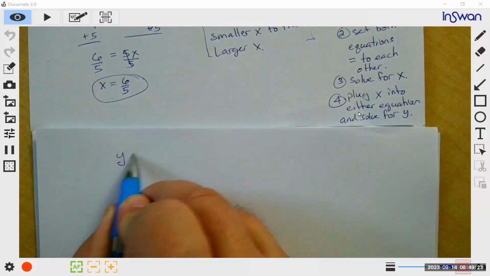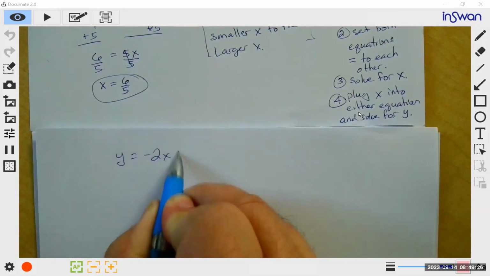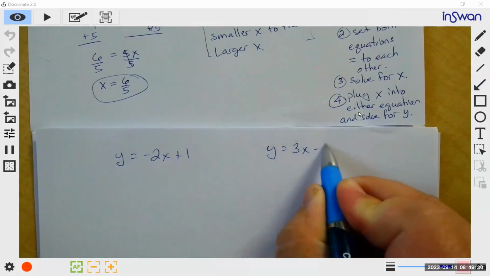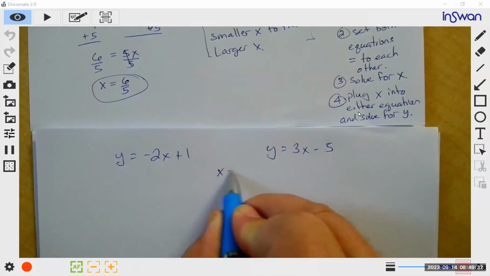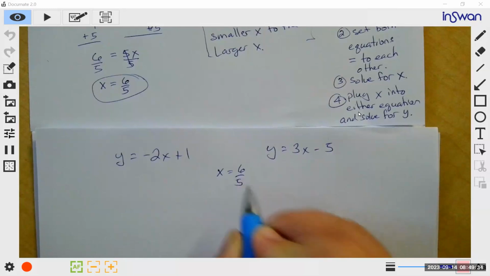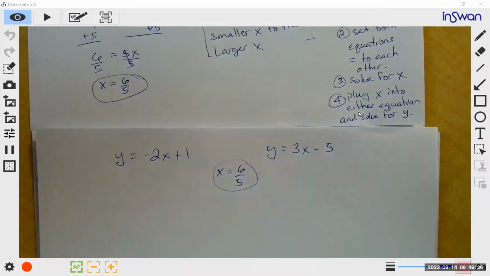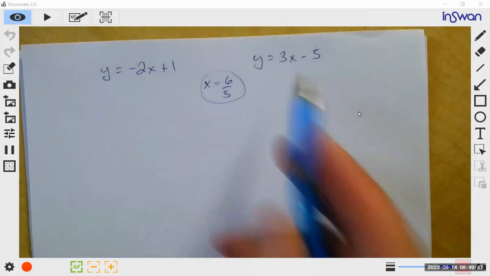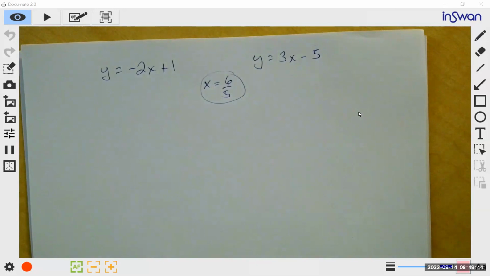We know we have our two lines, and we know x is equal to 6/5. Which line are you going to put it into? First one or the second one? And why?